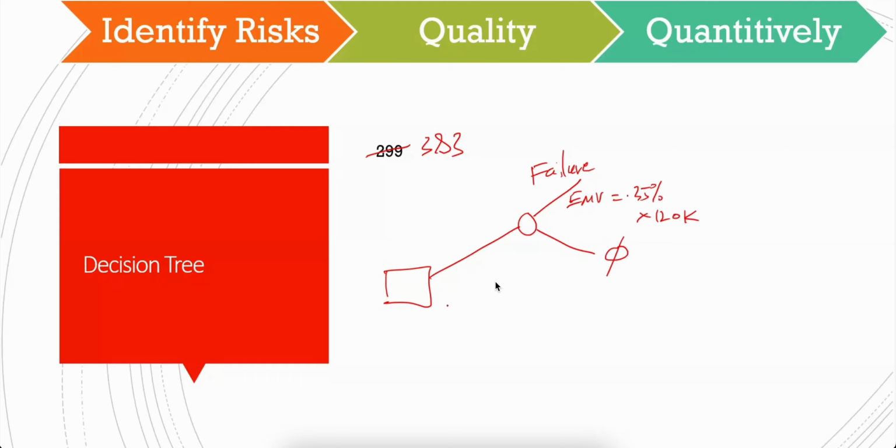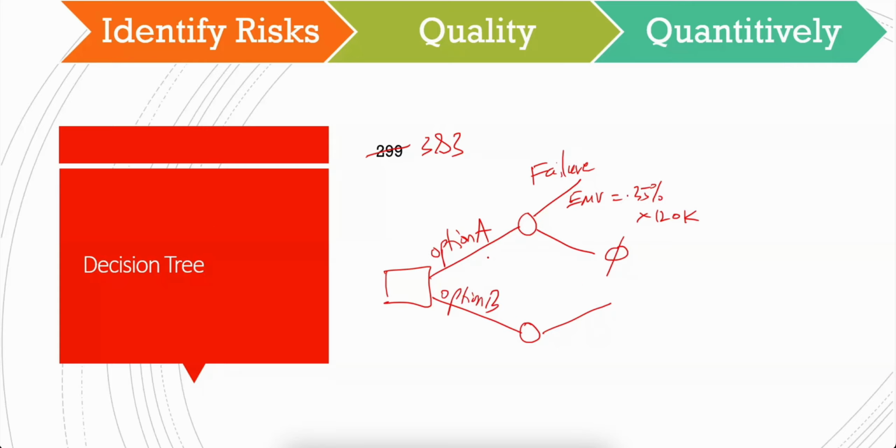So the other option is you go to the other option here. If a failure happens, this is almost like your option A, and this is your option B. So you're drawing a tree here. This is called a decision tree.